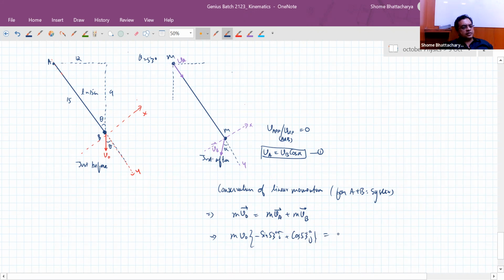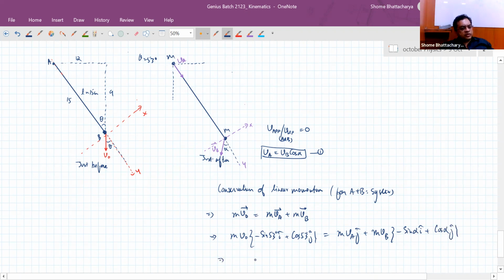This should be equal to, in this diagram, m vA j cap plus m vB into minus sin alpha i cap plus cos alpha j cap. Okay.